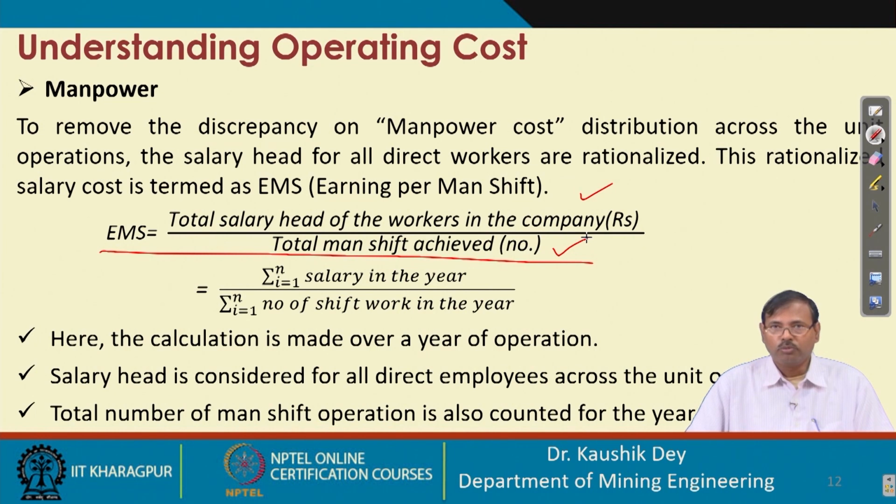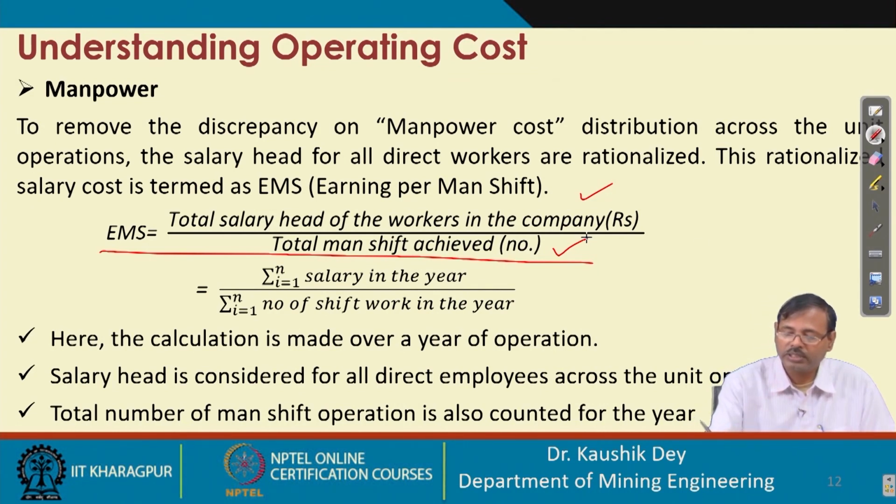So, working days may be different, but a particular person may be working at that particular mine for a number of days only. So, that number of shifts is calculated. Basically, the number of shifts is the summation of the number of shifts worked in the year by each individual.